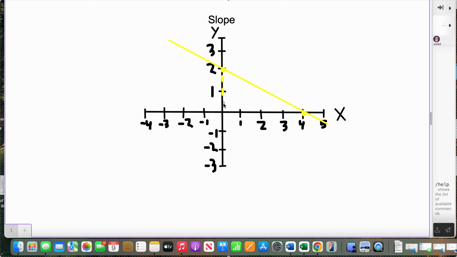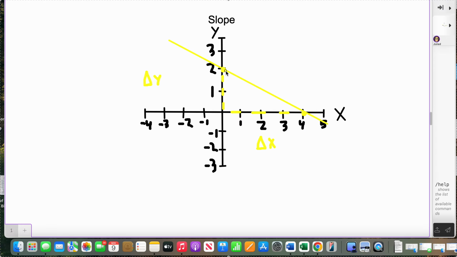Now, up here is the y difference between the 2 points. And down here is the delta x, or x difference in the points.